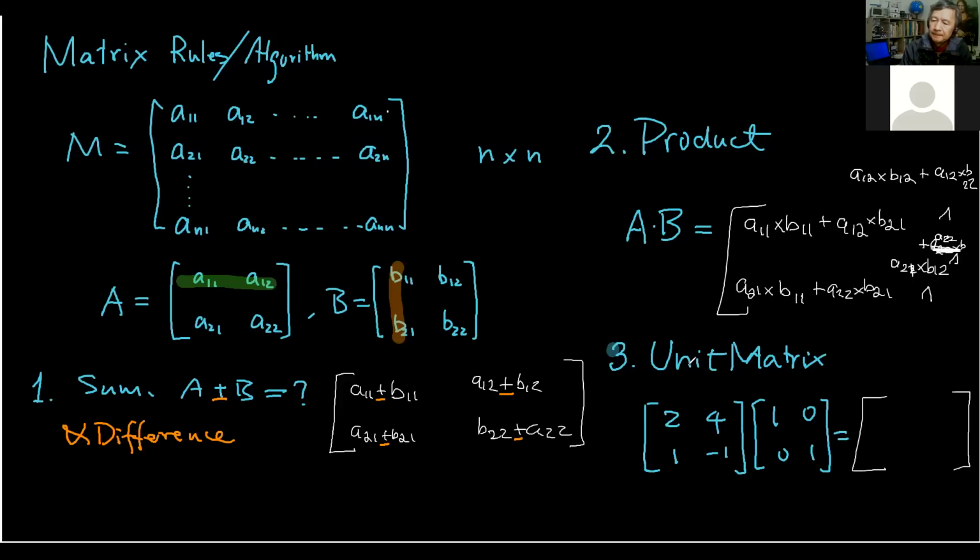So it's 2 times 1 plus 4 times 0, which is 2. Oh, that's my bad.